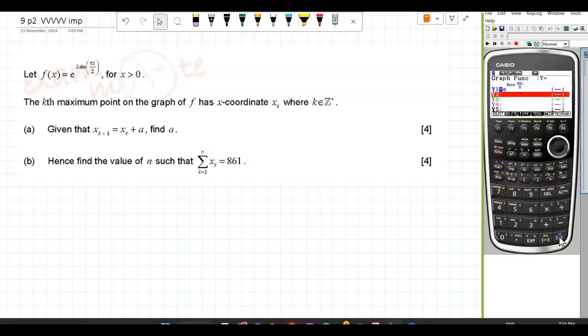You graph it, correct, and the kth maximum. We're looking at the maximum point, so you're looking at the kth maximum point on the graph as x coordinate xk.